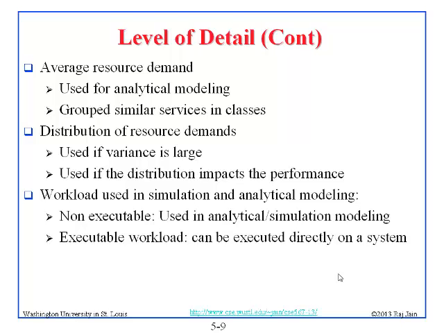Distribution of resource demands. After one number you are done, then you can say distribution. It is exponentially distributed, or normally distributed with this mean and that variance, or binomially distributed, whatever. Then you go into more detail, particularly if the variance is large, and if the distribution impacts the performance, which it almost always does.